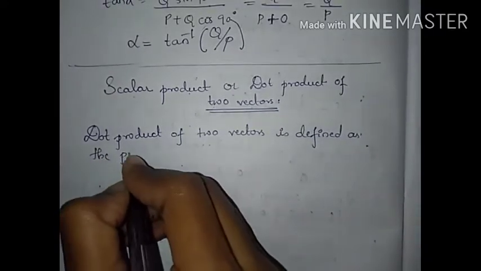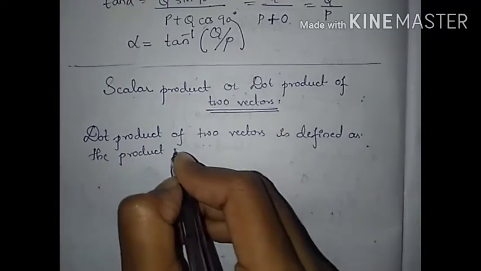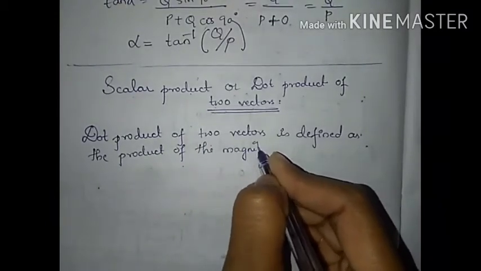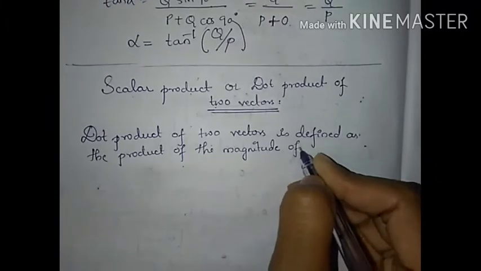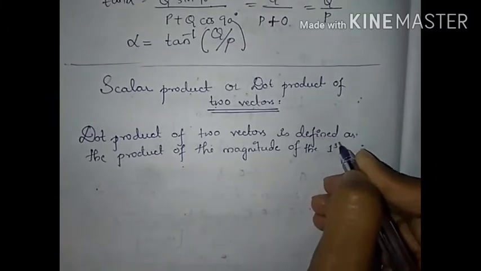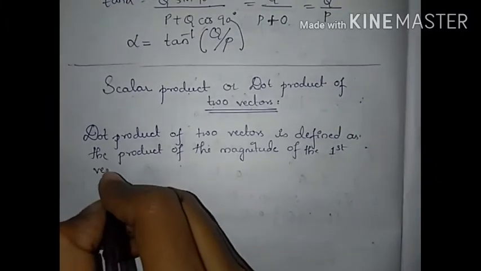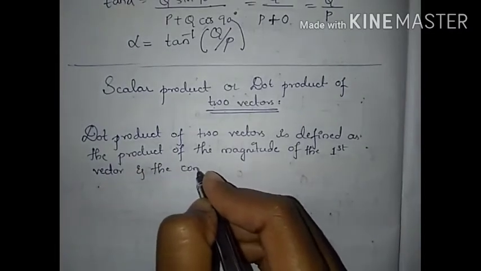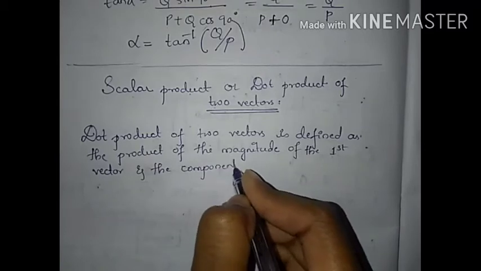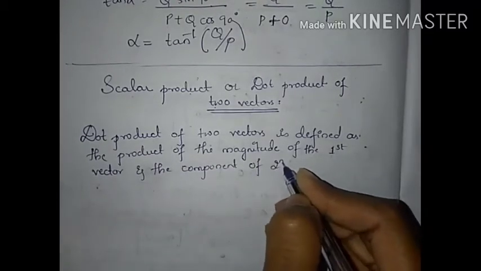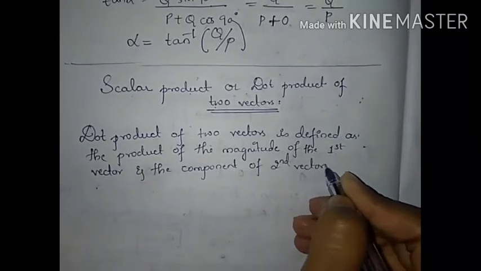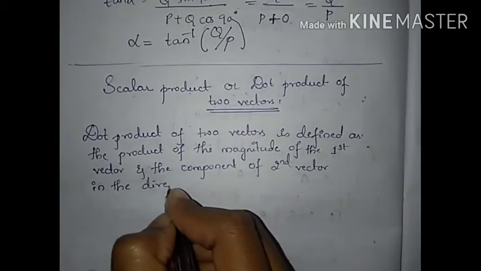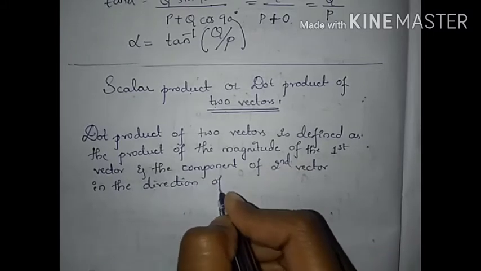the product of the magnitude of the first vector and the component of second vector in the direction of first vector.